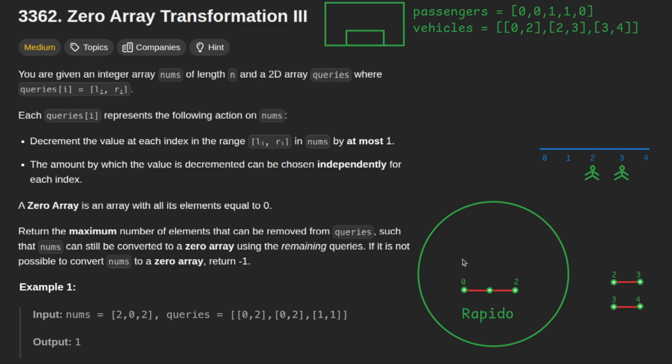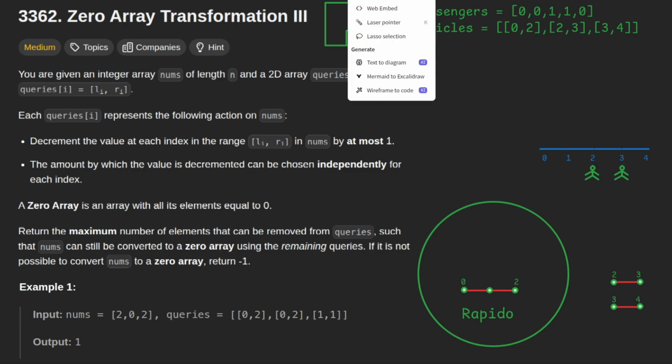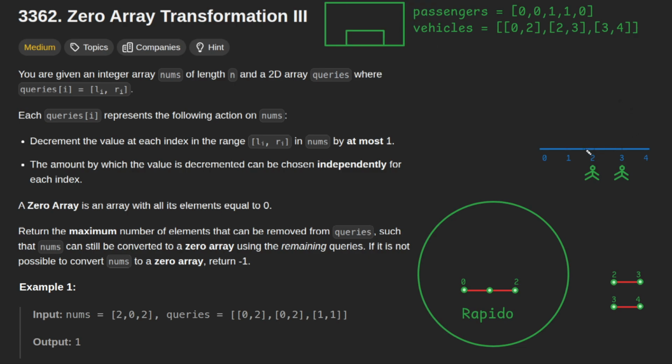But yeah, it has one active captain who is going from sector 0 to sector 2, right? Now he is going to sector 2 and he is saying, is there any passenger interested in going to sector 2, and he sees that yes, one passenger is waiting to go to sector 2, right?